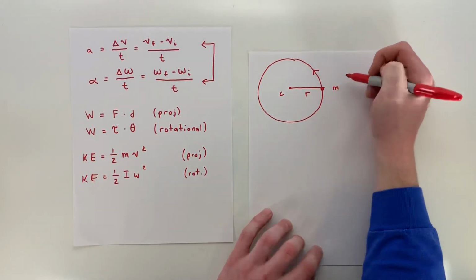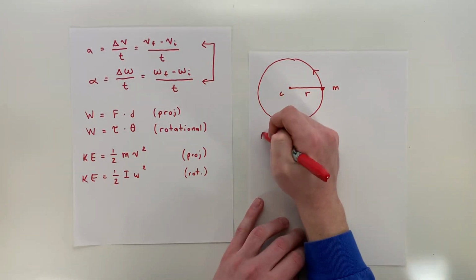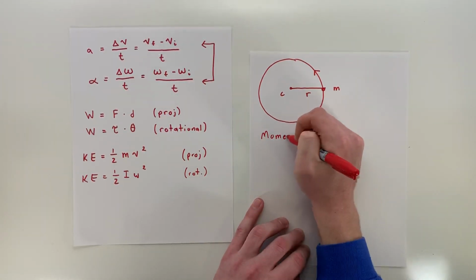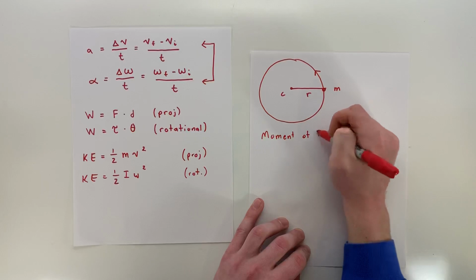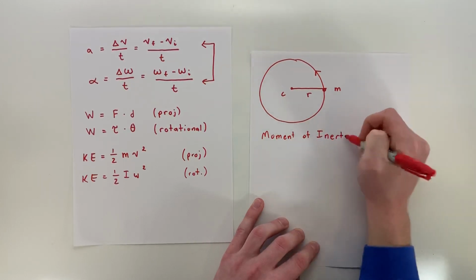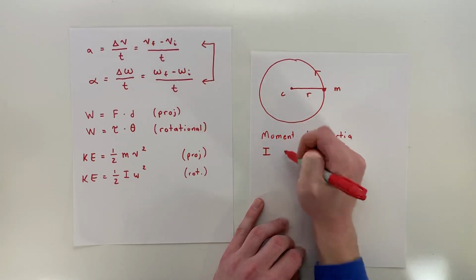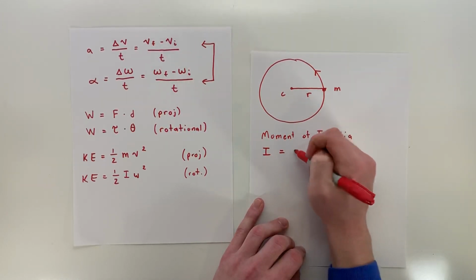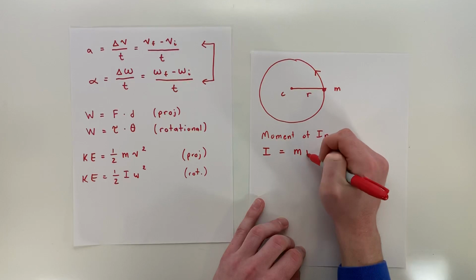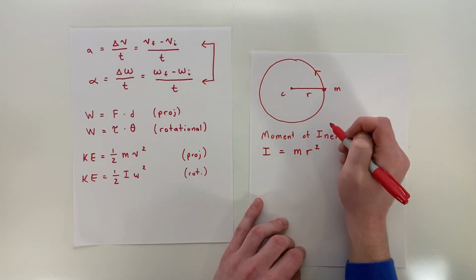This is our mass. So if we want to find the moment of inertia, the way we're going to solve that is I is equal to the mass times the radius squared.